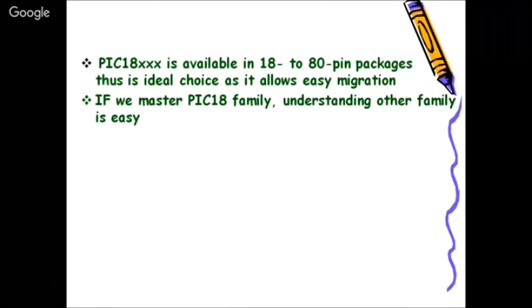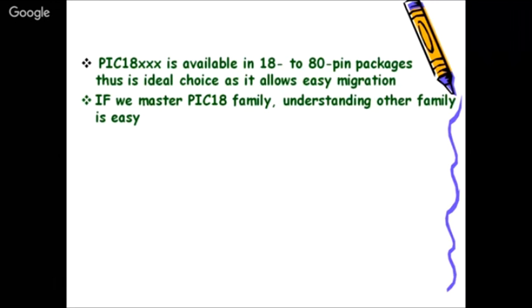If you go for the development of your product using the PIC 18 family, let's say initially you have developed it for some small application which may not be that complicated, so you may be using, let's say, an 18 pin package. Then if you are shifting to a higher package, because your application now demands higher power or higher resources, you can definitely go up to an 80 pin package, and this code is compatible. There is upward compatibility.